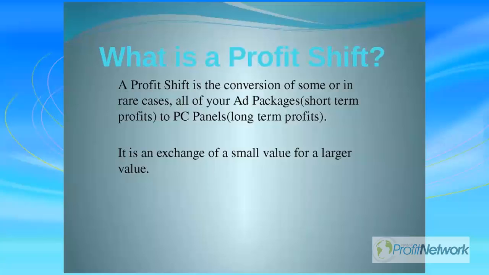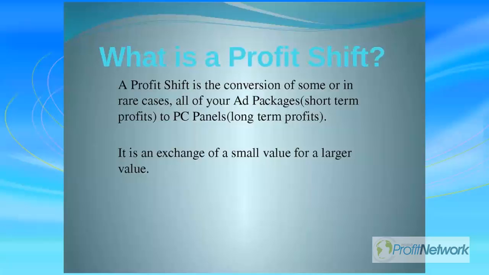All right. So what is a profit shift? A profit shift is basically the conversion of some, or in rare cases all, of your ad packages, which are your short-term profits, into PC panels, which are your long-term profits. On Profit Clicking's website, they explain it as an exchange of a small value for a larger value.